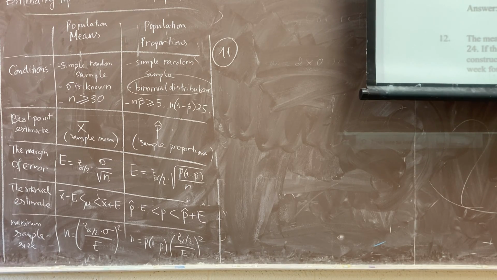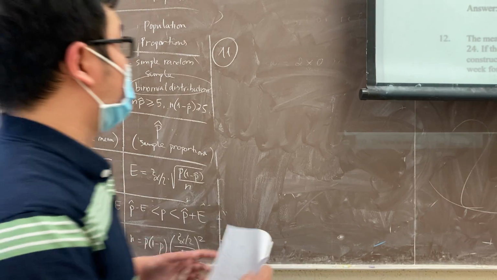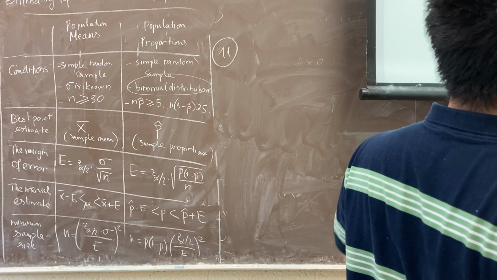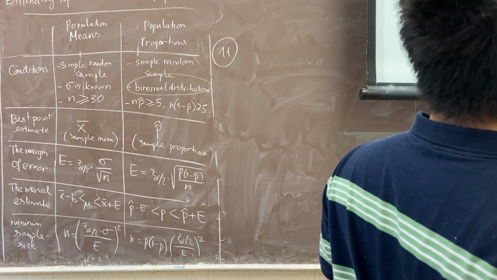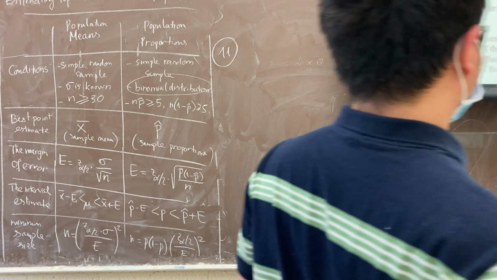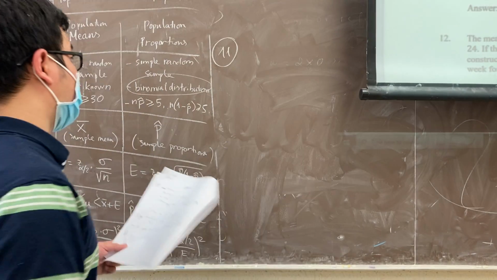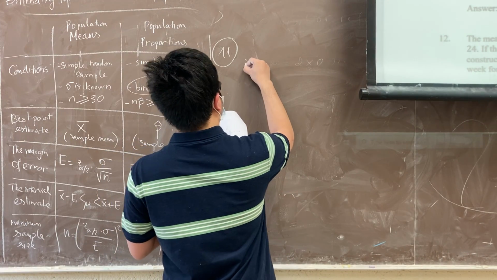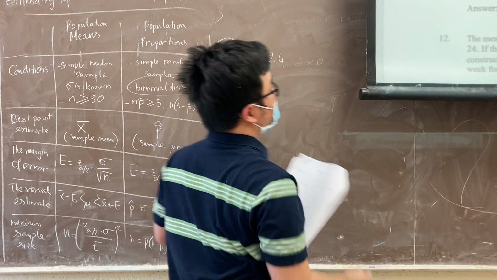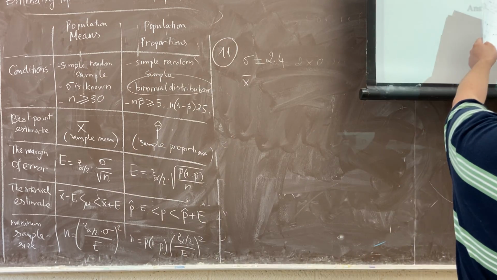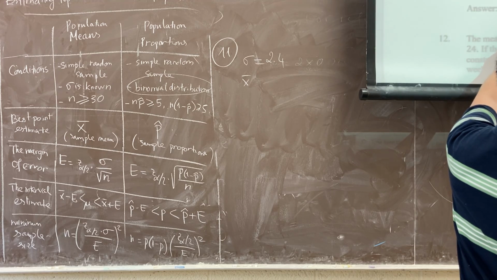They ask us to estimate the population mean. The first thing we need to do is analyze the question, similar to these homework problems. We have sigma here as 2.4, and we have x bar as the sample mean.